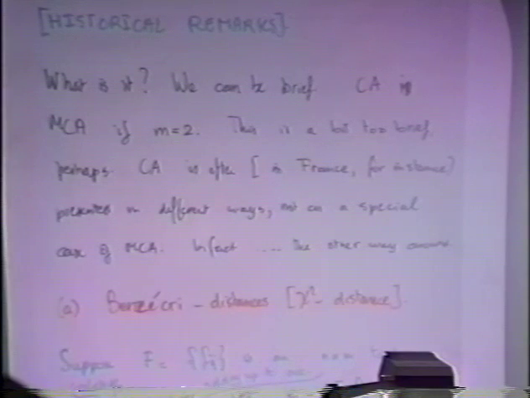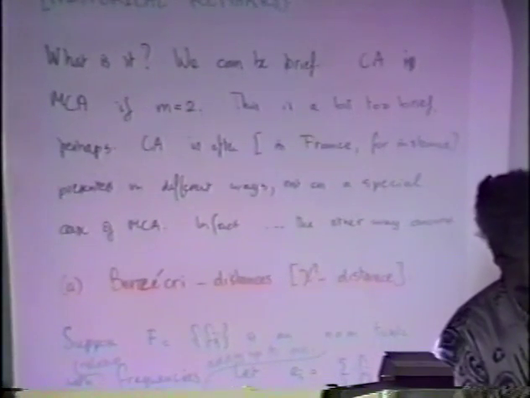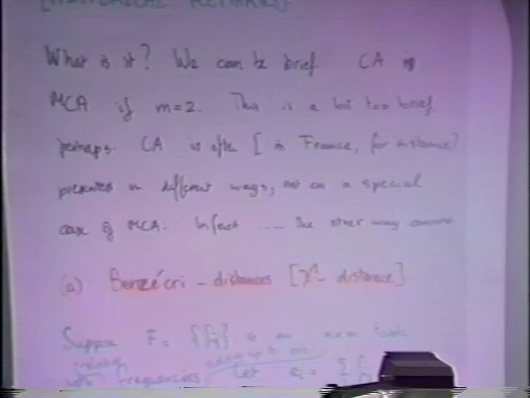I will first give the regular French way of discussing correspondence analysis, taken directly from the works of Benzécri. And for that occasion I will change my notation a little bit. So if you see an n somewhere, it's not necessarily the same n as the n you saw before.